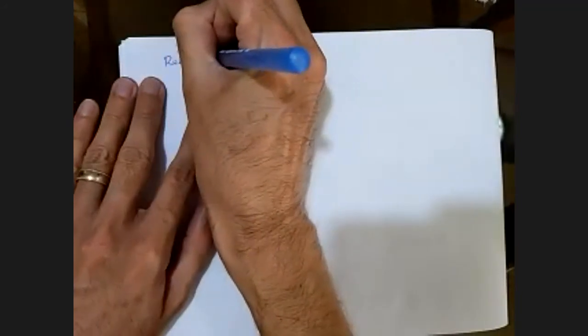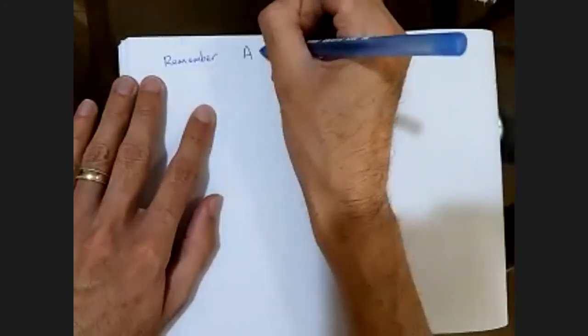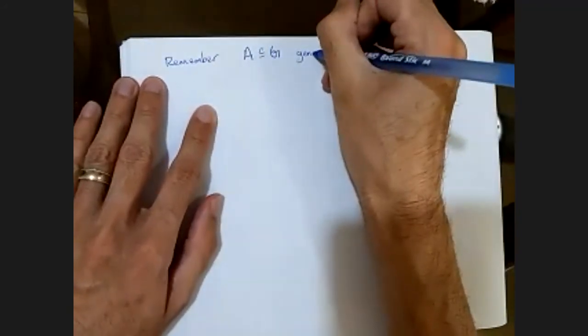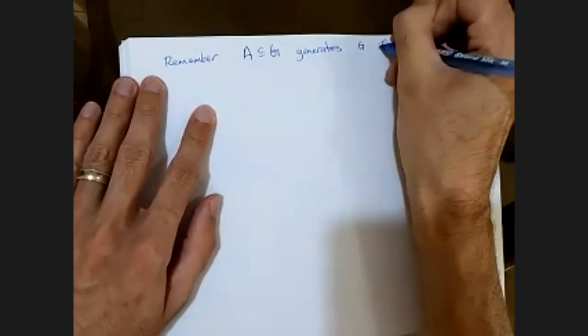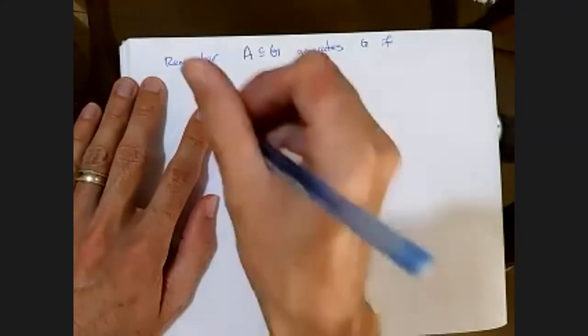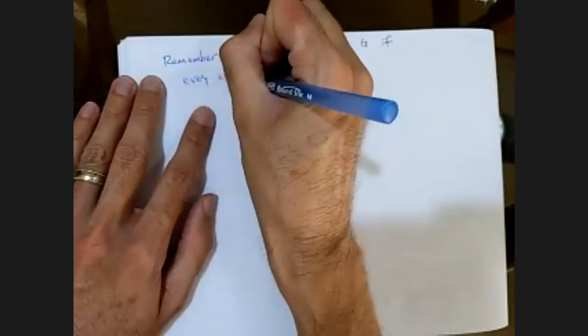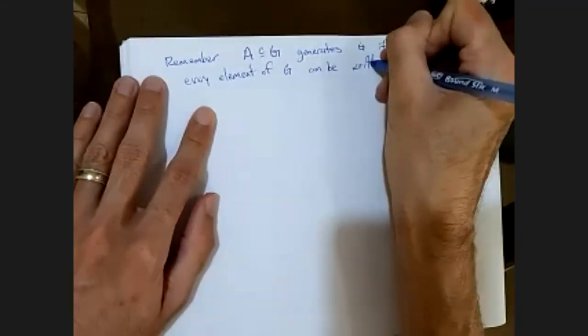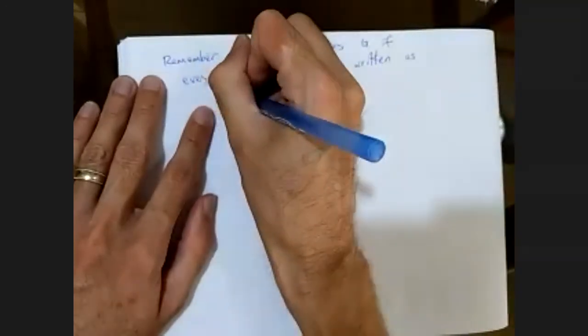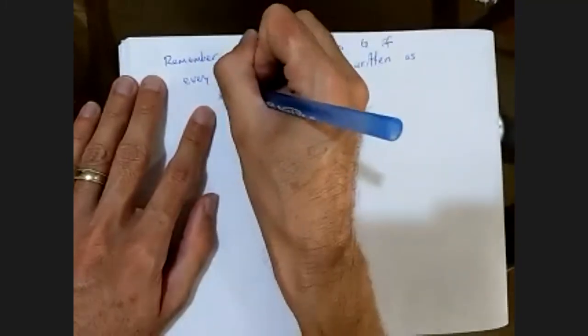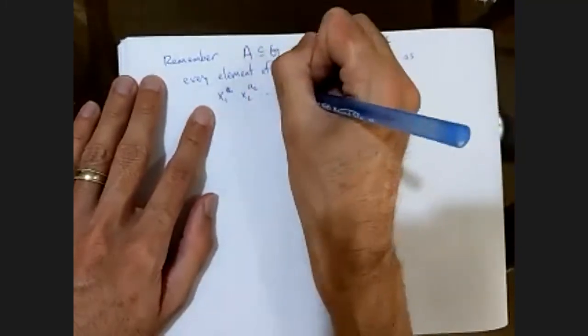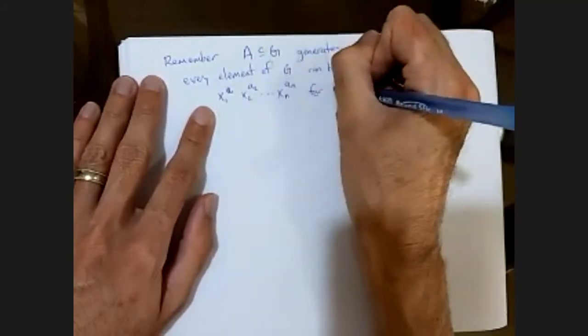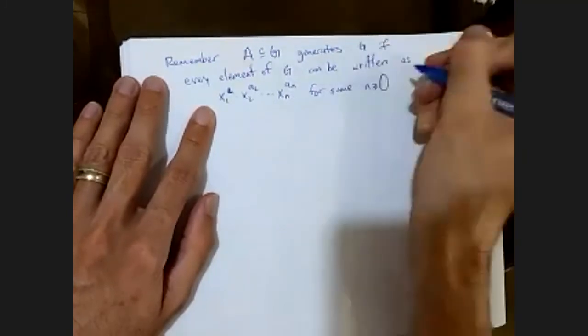Remember, a set A in G generates G if every element of G can be written as x1 to the a1 times x2 to the a2, all the way up to xn to the an, for some n greater than or equal to 0.